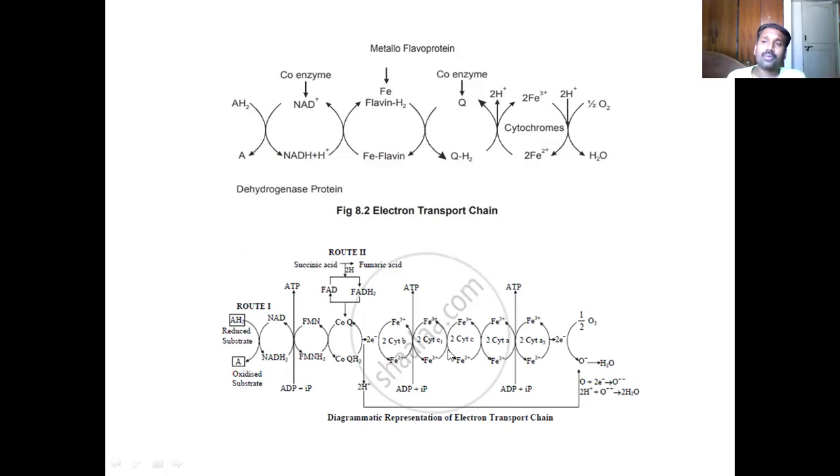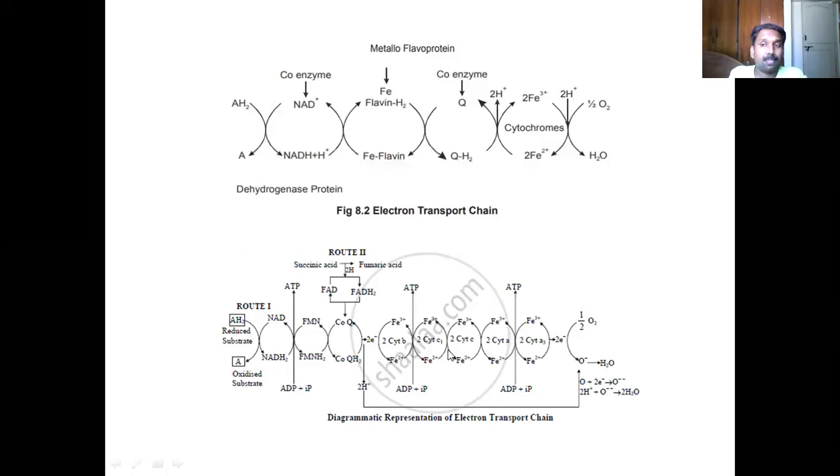So nature has made use of this property of transition metals, the variable oxidation states. Once the transition metal ion accepts electrons, it goes to its lower oxidation state. When it liberates electrons, it goes to its higher oxidation state. The higher oxidation state can accept electrons, the lower oxidation state can release electrons.